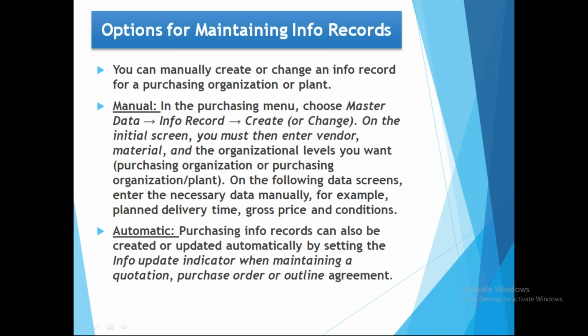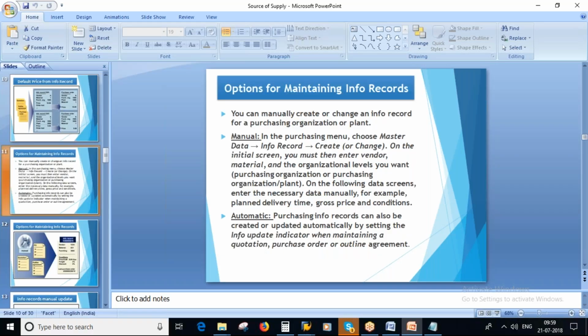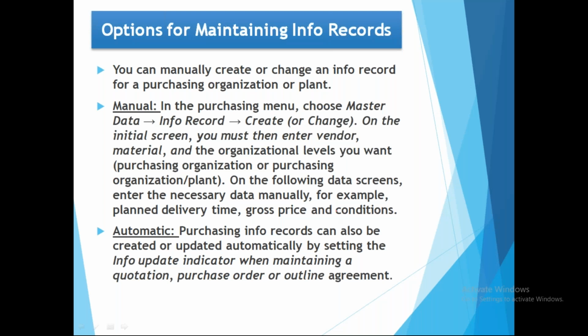Now next, what are the options for maintaining info records? Info records can be maintained in two ways. You can manually create or change an info record for a purchasing organization or plant. Either you can create manually, which I have shown you, with transaction ME11, or you can change by going to ME12.